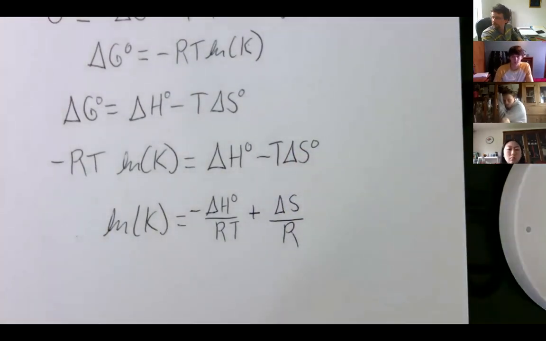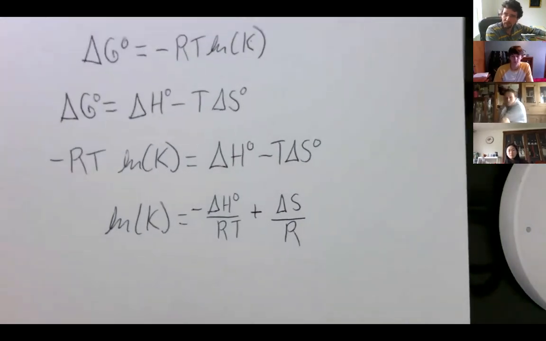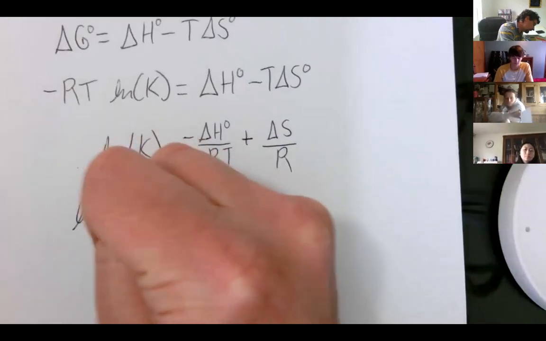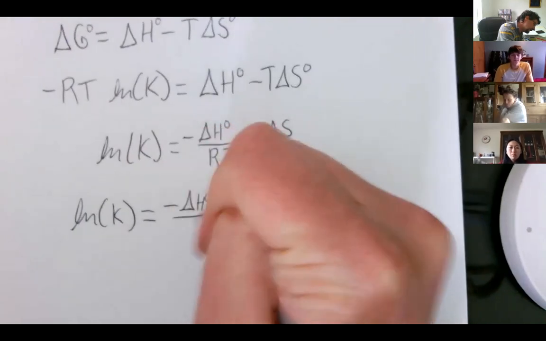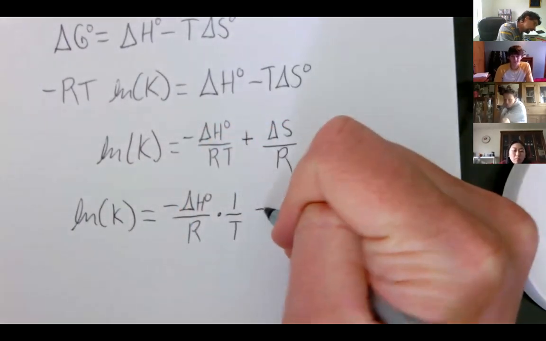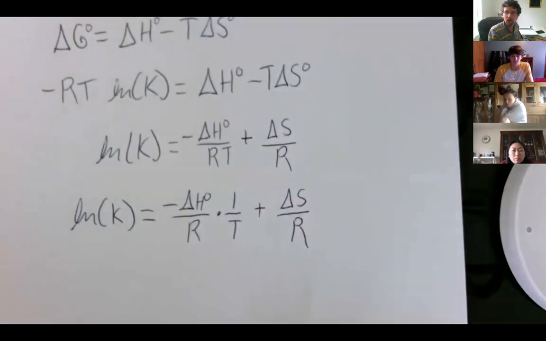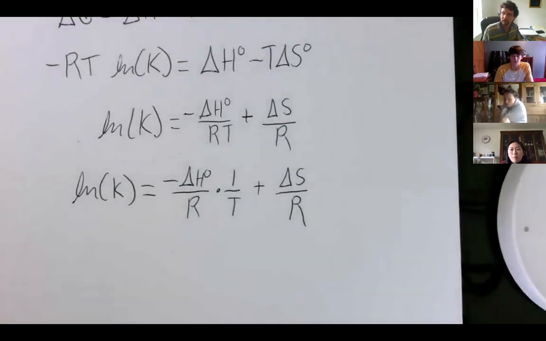Okay, but if you notice, this is a little bit different than the way that it's written in the lab. The way it's written in the lab is ln K is equal to negative delta H naught divided by R times 1 over T plus delta S over R, which seems like a pretty silly way to organize this.